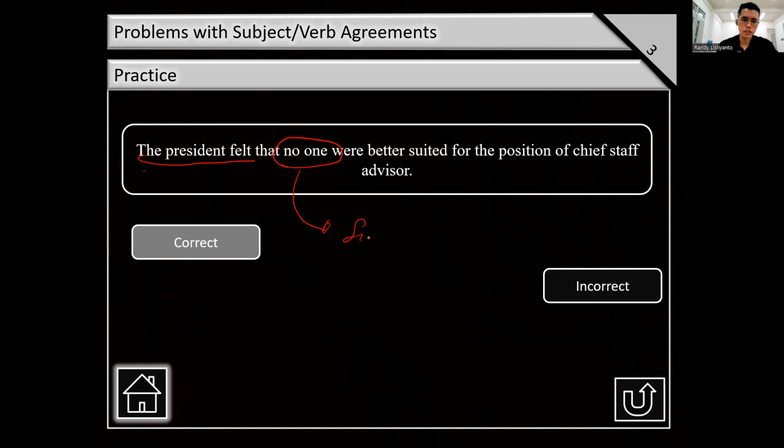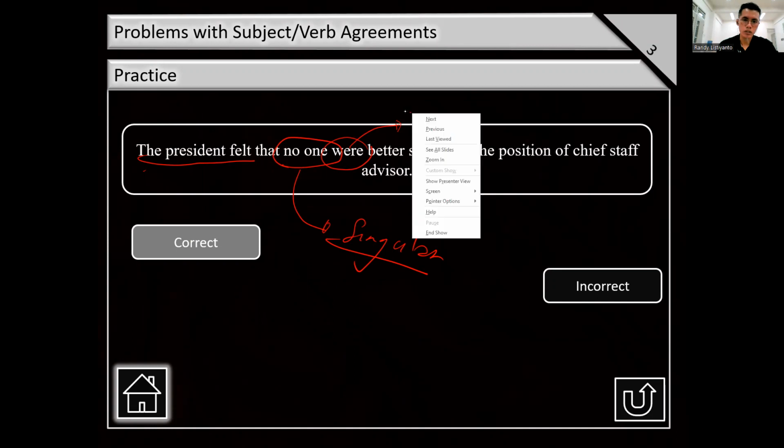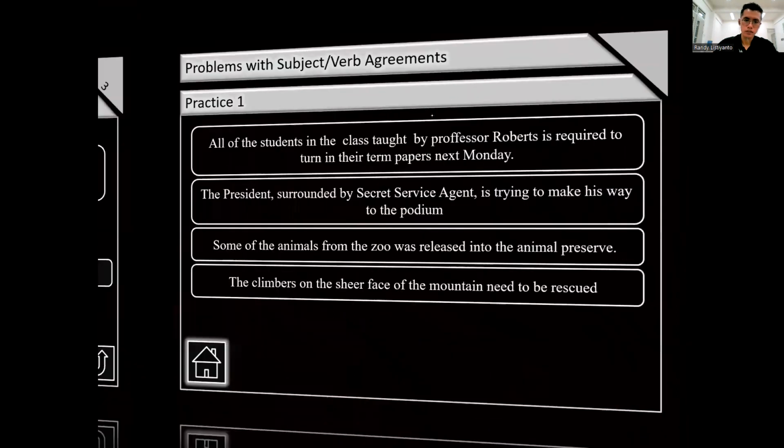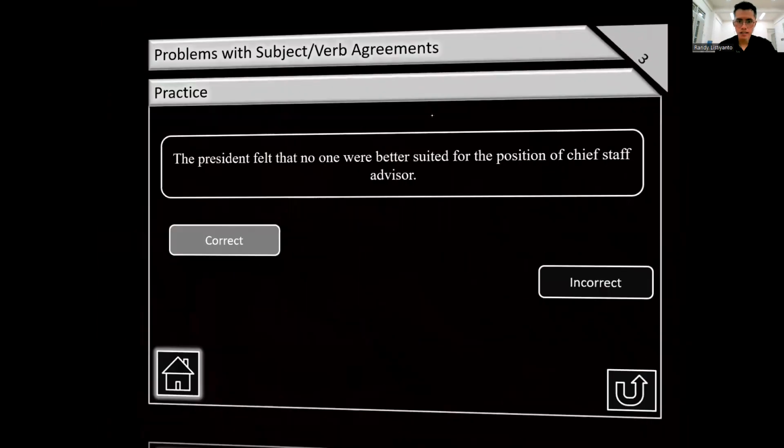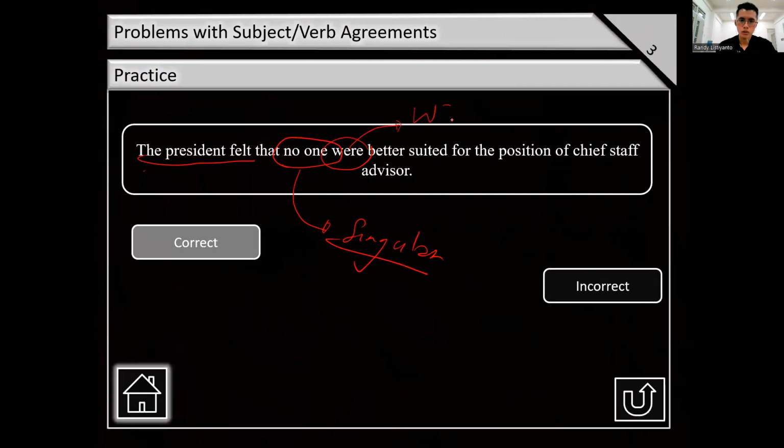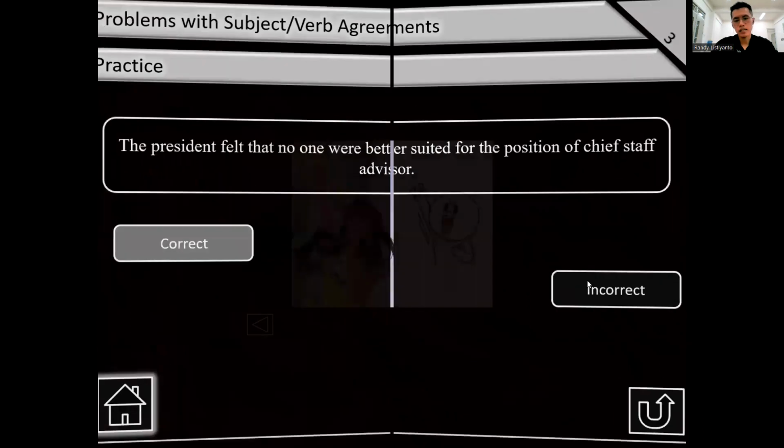It should be singular. Because it is singular, we have to make the verb agree with it. Were is for plural, so it is incorrect. The correct one is was. So this is incorrect.